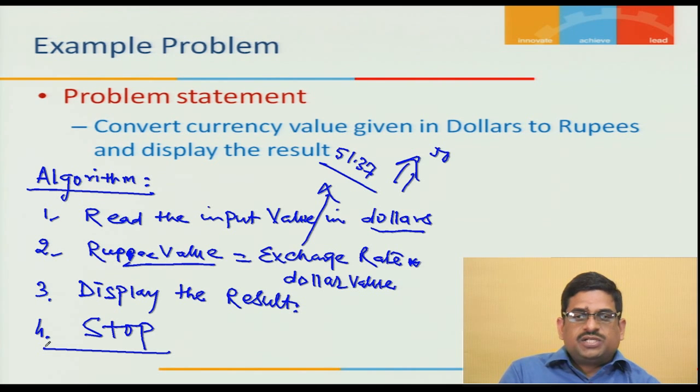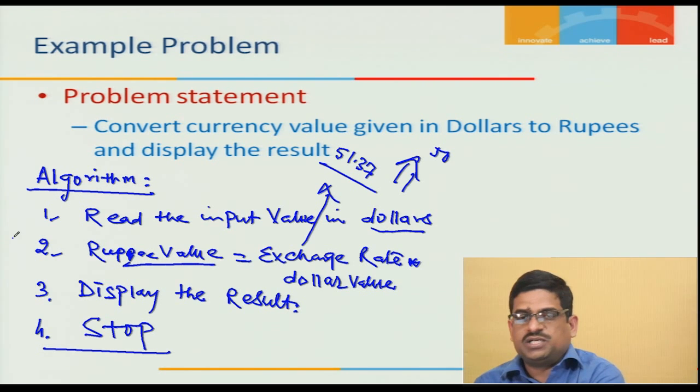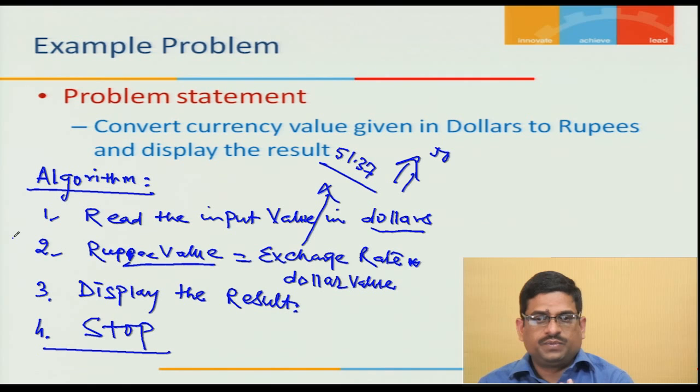Three steps are there essentially: reading a dollar value, converting, where for the conversion I need one additional piece of information, the exchange rate, multiplied with the dollar value, and then the display. So I need essentially three instructions in whatever language I write the solution. Right now I am not talking about a particular language.